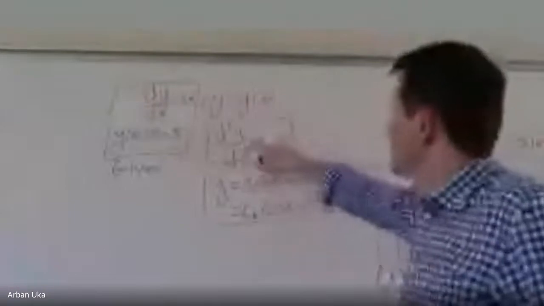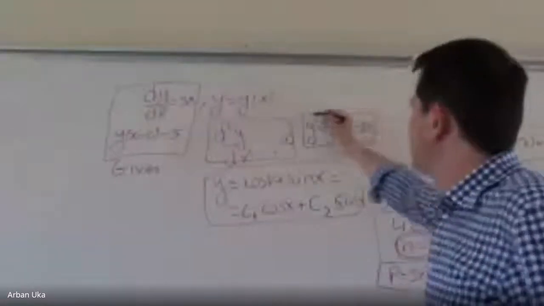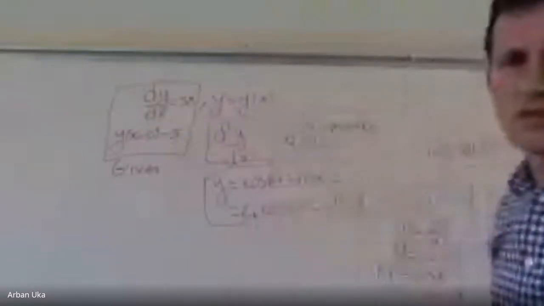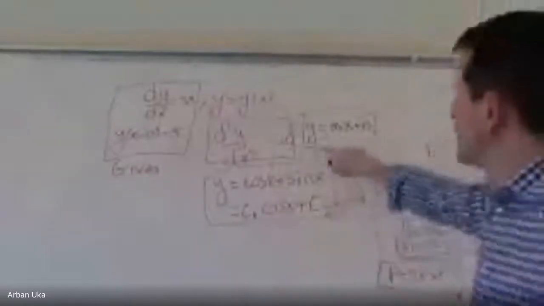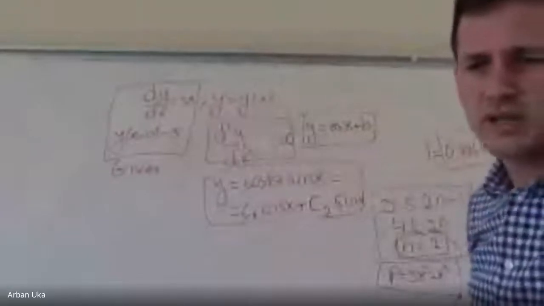What is y if this is the second derivative of y? If we integrate this once, let me give you the answer actually. The y is equal to mx plus b. Okay. This is the solution of this, because this means that the second derivative of y should be equal to 0. What if the second derivative of y is equal to 0?